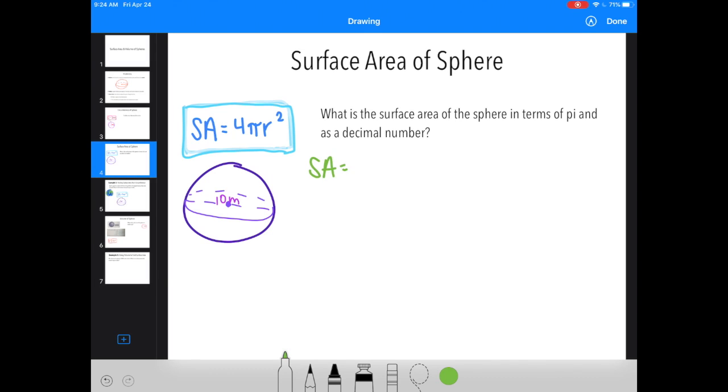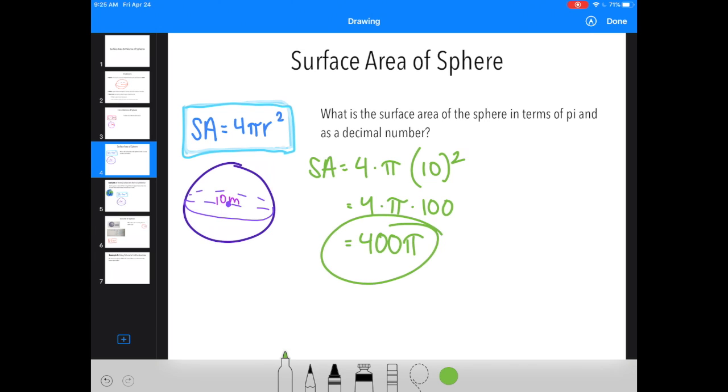So if I'm wanting to find the surface area of the sphere, I am going to take 4 times pi times 10 squared, which gives me 4 times pi times 100, which equals 4 times 100 is 400 pi.